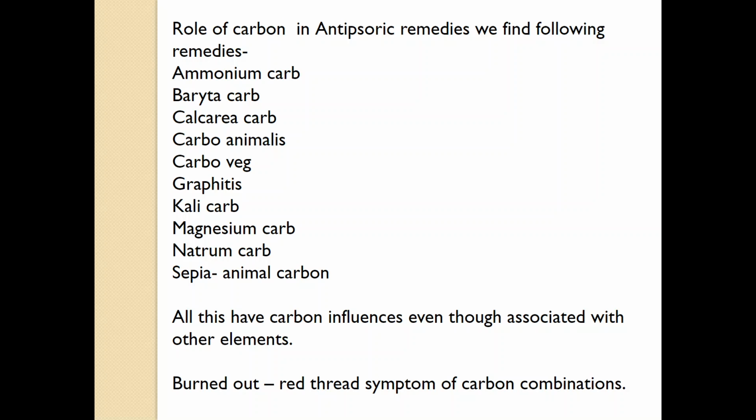All these have carbon influences even though associated with other elements. So a burnt-out feeling is a red thread symptom of carbon combinations. Thus, weakness as a hallmark feature of Kali carb is connected with the deficiency of carbon.